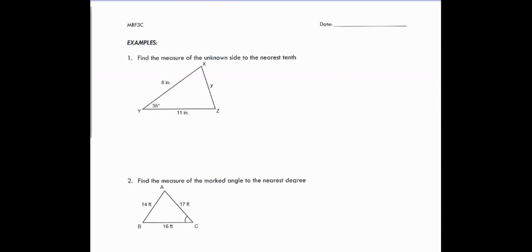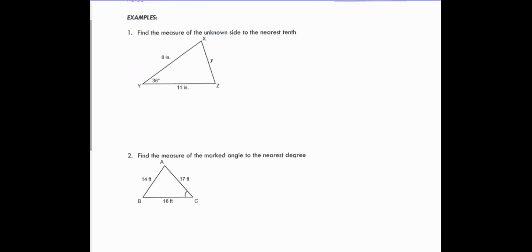So let's go through some examples. All right. Well, here we have a side and an angle and a side. So we have SAS. Okay, so we are going to use cosine law.